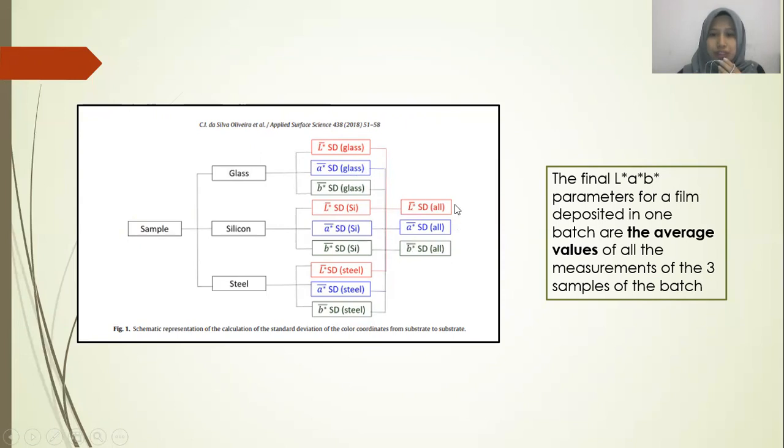So the final L, a, and b parameters for a film, which are the parameters for a film in one batch, will be the average values of all the measurements of the three samples of the batch, which are glass, silicon, and steel. So it will depend on these L, a, and b parameters.